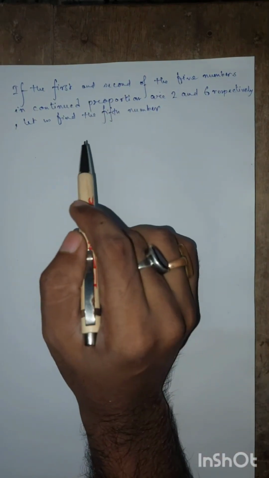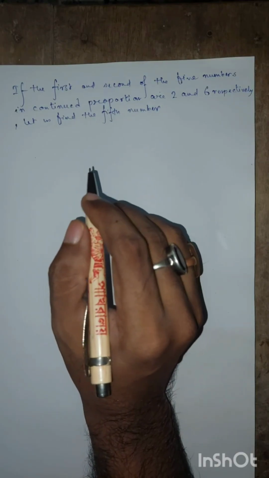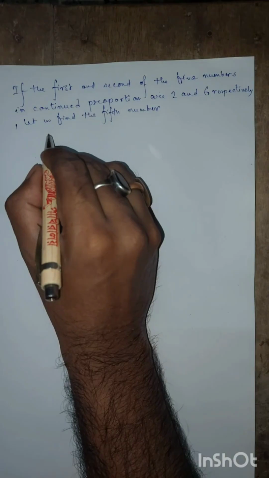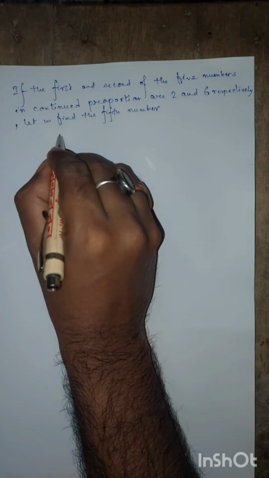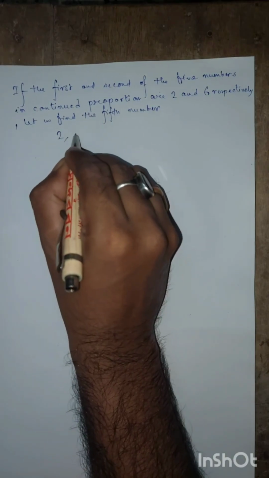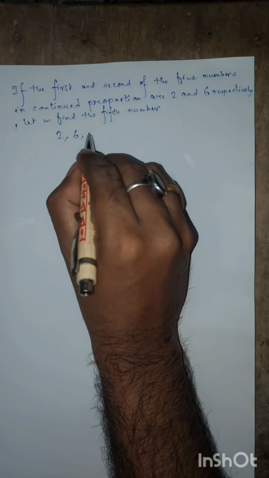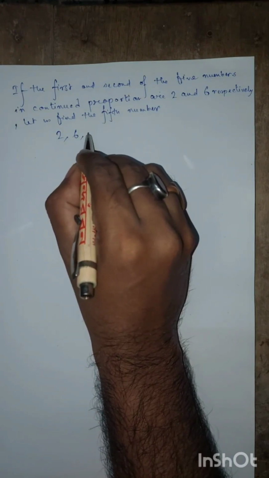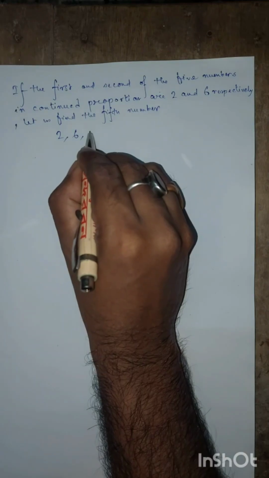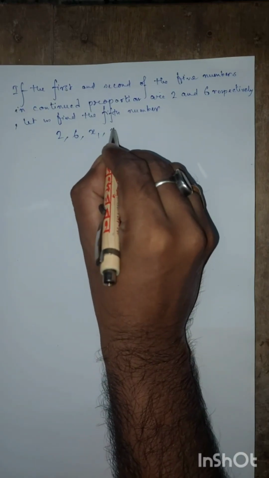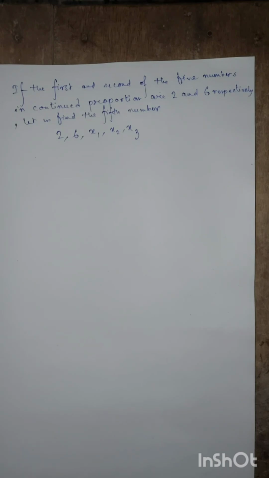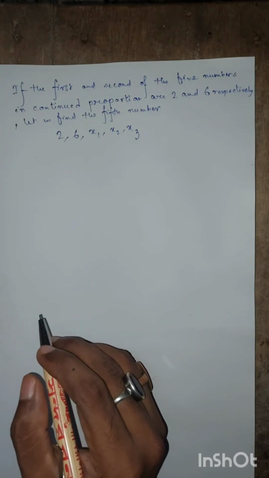So five numbers are in continued proportion. So let us assume these are our five numbers. The first number is 2, the second number is 6. After that, three numbers are x1, x2, x3. These are our five numbers. They are in continued proportion.